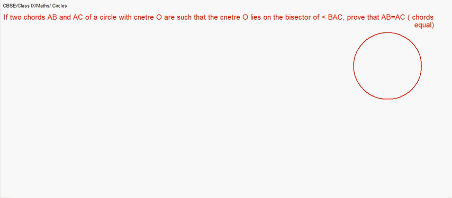I also have to draw two equal chords because later on we need to go and prove the same. Here is the center, it is the converse of the previous one. So again I will discuss as I did the previous statement. This is AB, this is AC, with this the center O.